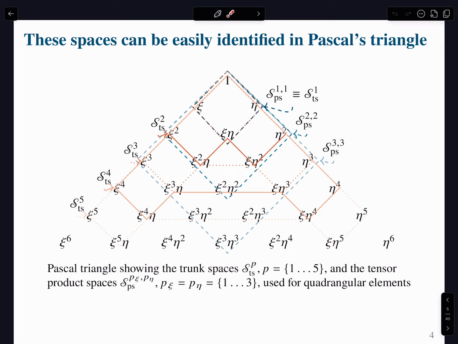So if I take, for instance, this one here, that is the way you build your trunk space of order 4, right? And if you take the one for order 5, it looks like this. So that is the way the trunk space is defined.